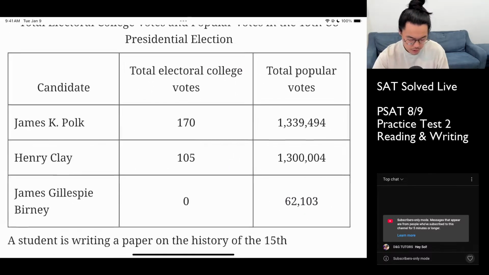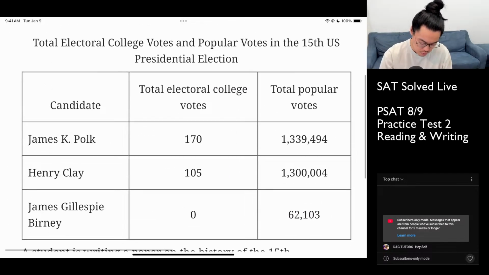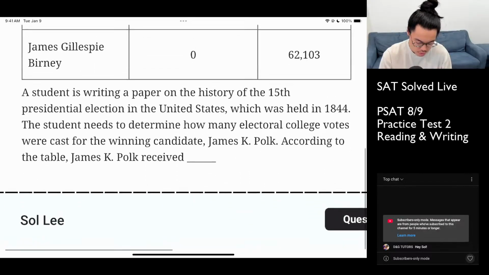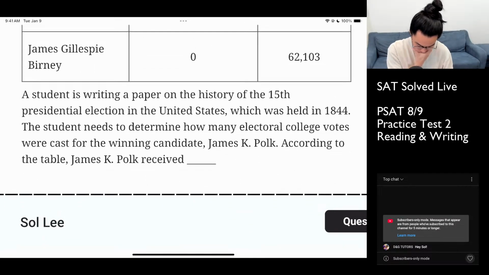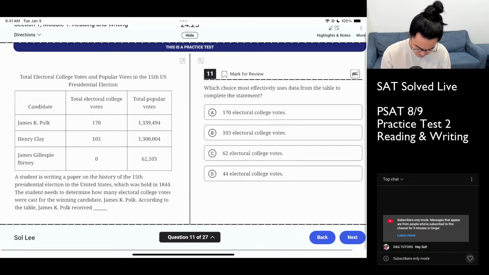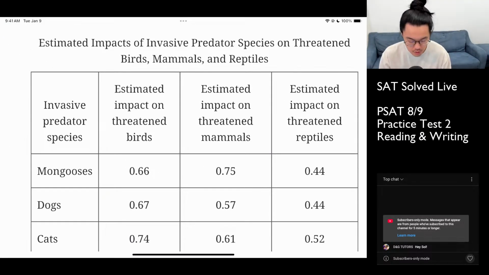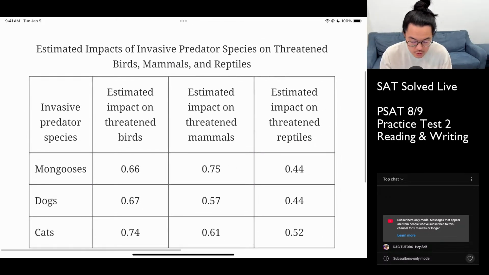They had similar popular votes, but very different electoral college votes. How many would it? He received 170. Okay. Overly easy. Probably didn't really need to predict and read that whole thing, but I'm not going to change my strategy just because it's an easy question, because there's no way for me to know if it's an easy question ahead of time.